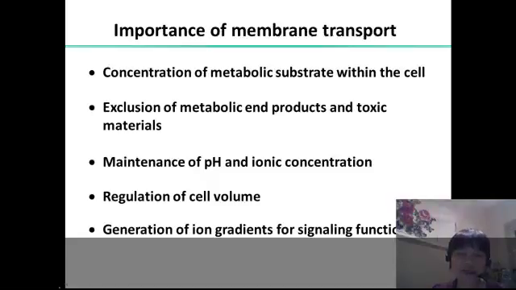After the action potential, the ions have been redistributed, and restoring the pre-action potential status is a job for the membrane transport to do. So membrane transport is very important in maintaining the cell function in various ways, and that is why we need to study membrane transport.